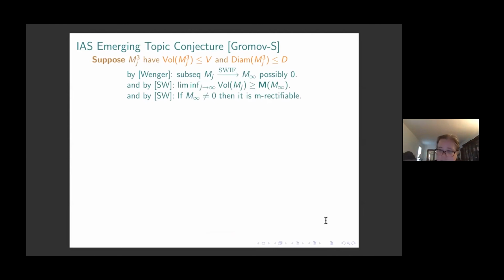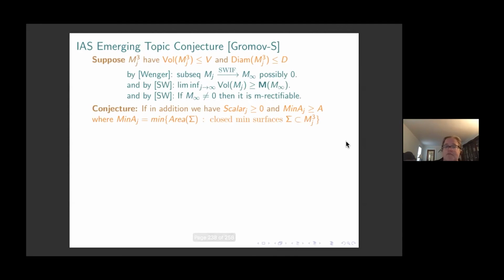This is all known. Now the conjecture is, if in addition we have scalar curvature of M_j greater than or equal to 0 and min A_j greater than or equal to A, and we still have our three dimensions, then the conjecture is that, and let me remind you, min A_j is the minimum area of a closed minimal surface, M infinity has generalized scalar curvature greater than or equal to 0.